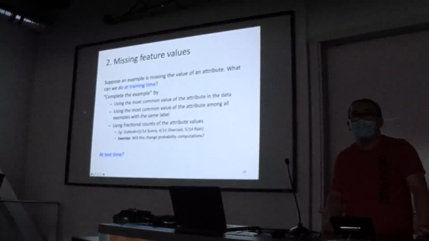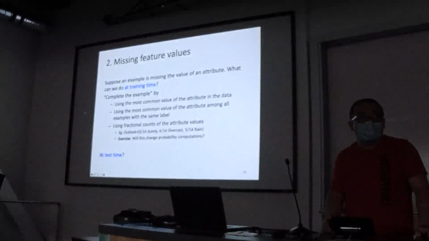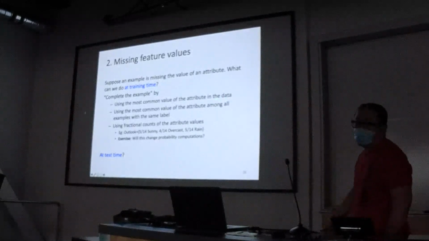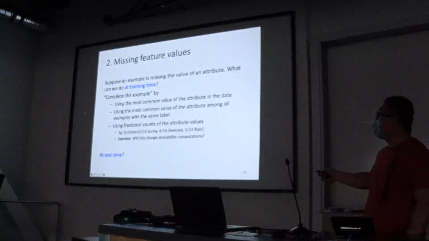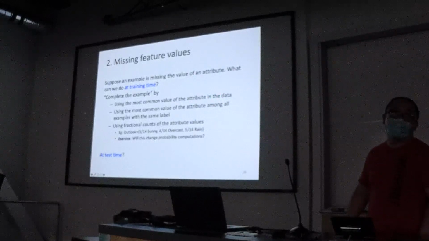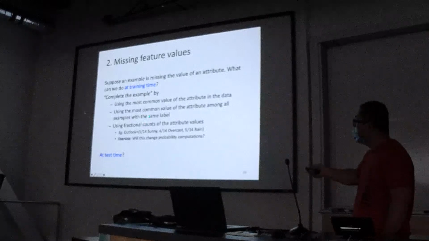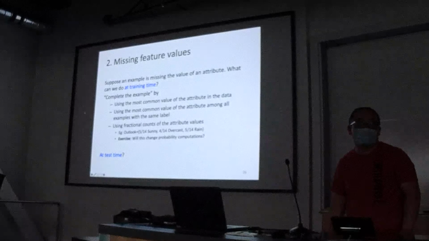So if you have an incomplete example, how do you conduct that test? How do you give the prediction? First, for these strategies, the first is still usable. You can guess the missing attribute value by looking at the most common value in the training data. But of course, the second strategy won't work because we don't know the actual label of the test example. That's something we want to predict.